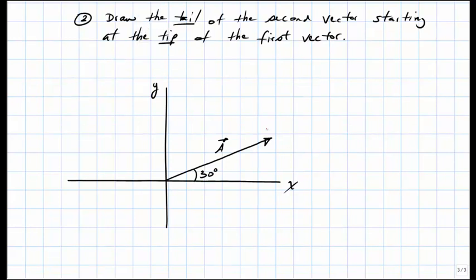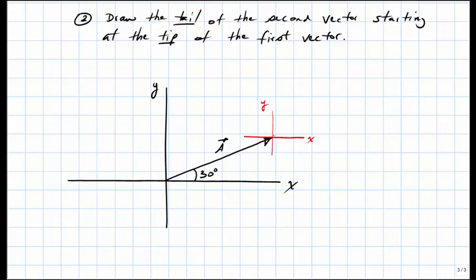Now, in order to draw vector B, I will create a portable Cartesian coordinate system, a miniature Cartesian coordinate system, and now I will draw vector B. Now, vector B is specified as 25 miles, so it's half as long as A, and it heads off in a 75-degree direction.